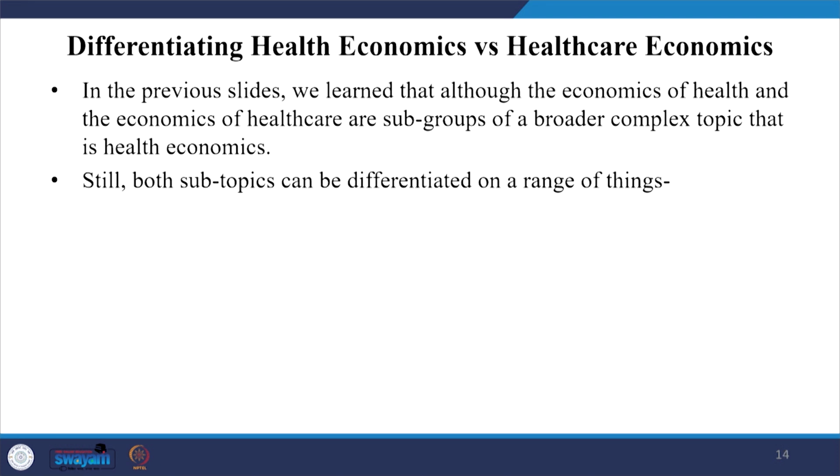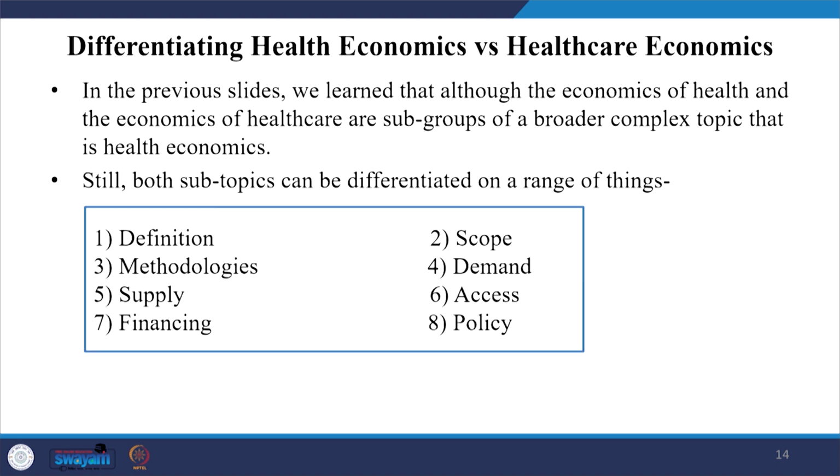Okay, so we can understand. We have already followed different examples, different directions in our previous slides. We learned that although the economics of health and economics of healthcare are subgroups of a broader complex topic, that is health economics, still both subtopics can be differentiated on a range of things. So those broader ranges we have highlighted here.